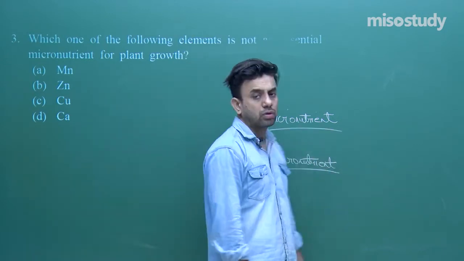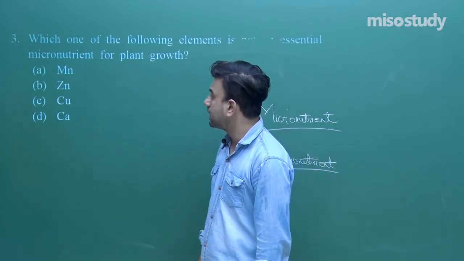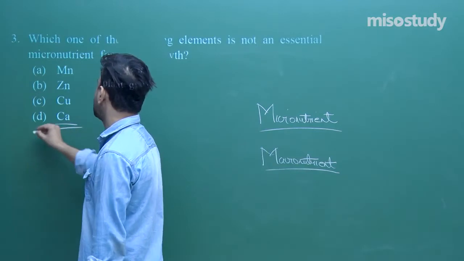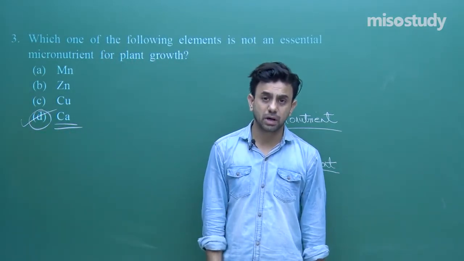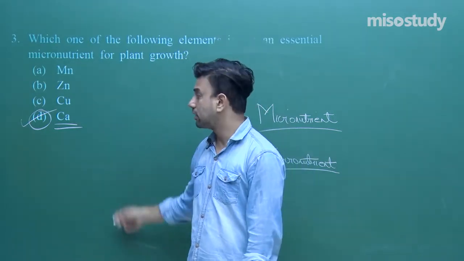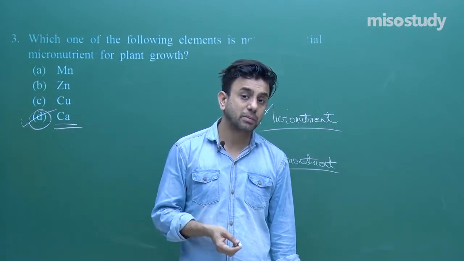Now if you look at the table, manganese, zinc, copper, calcium: calcium is a macronutrient, a nutrient which is required in great amounts. It forms the middle lamella, is required for the formation of many enzymes, and forms a part of the membrane as well.